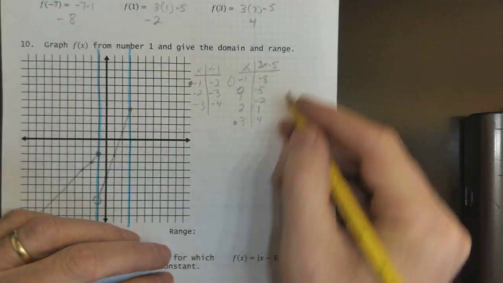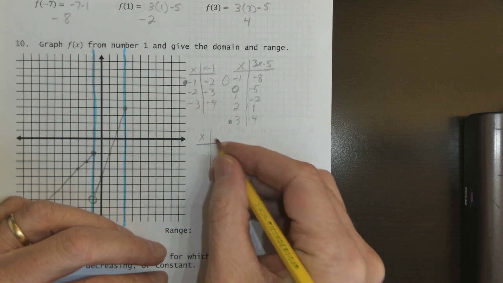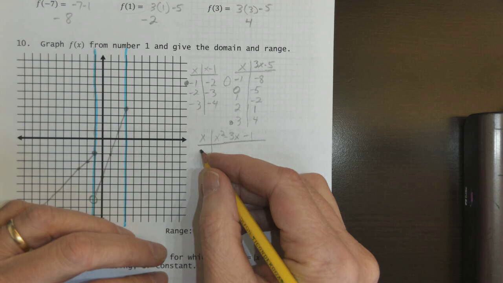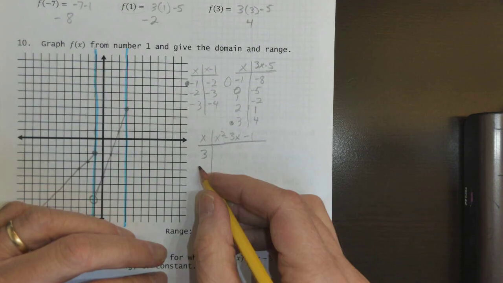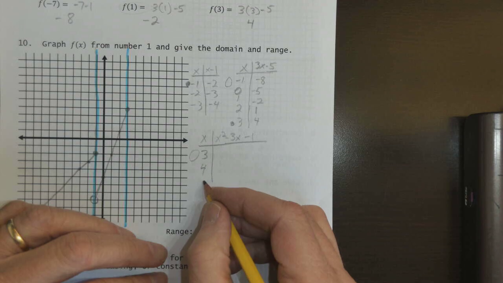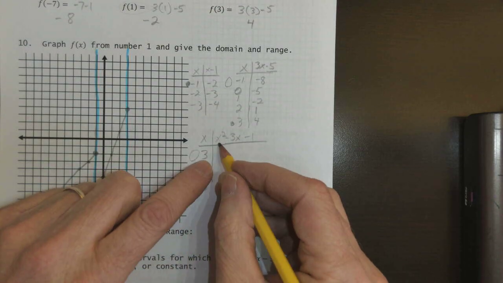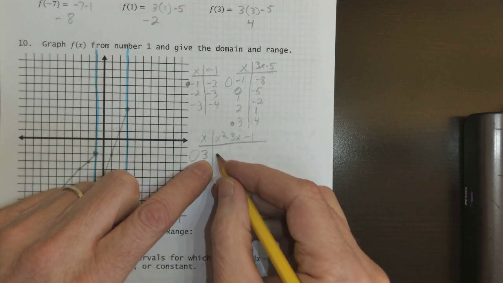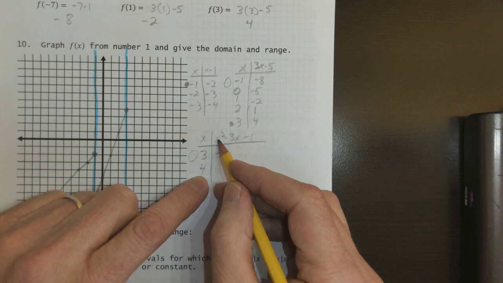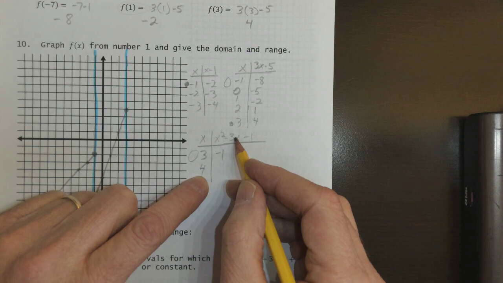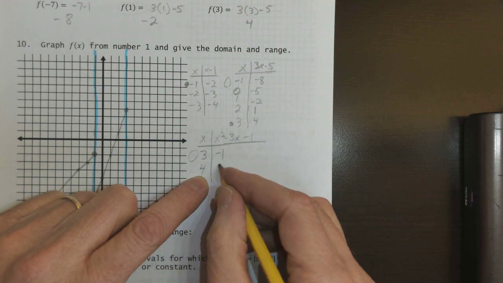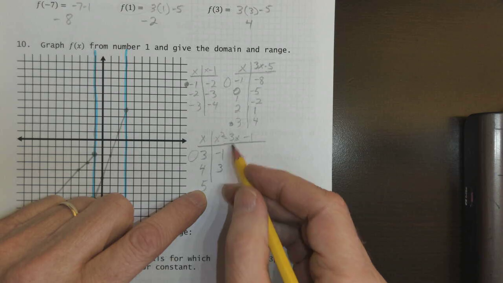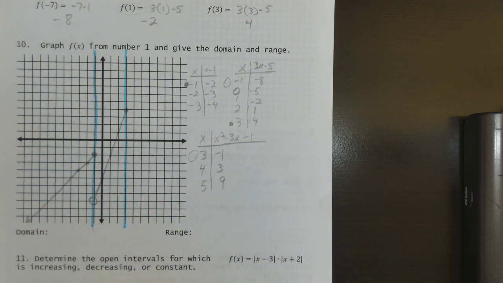And x squared minus 3x minus 1, I am going to go with an open circle on 3, 4, and 5. 9 minus 9 is 0, minus 1 is negative 1. 16 minus 12 is 4, 4 minus 1 is 3. 25 minus 15 is 10, 10 minus 1 is 9.